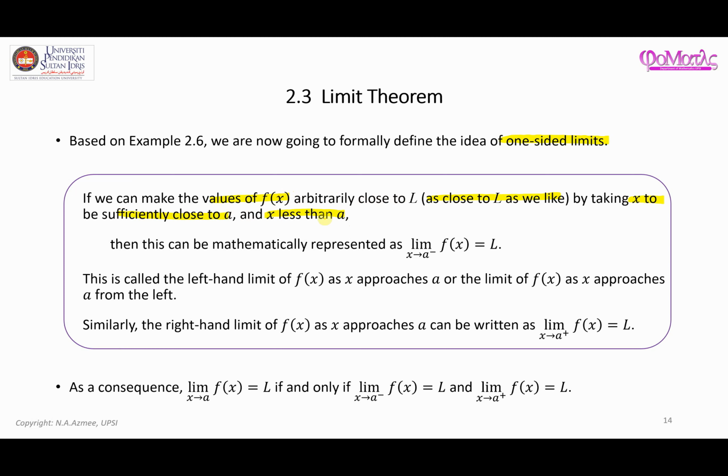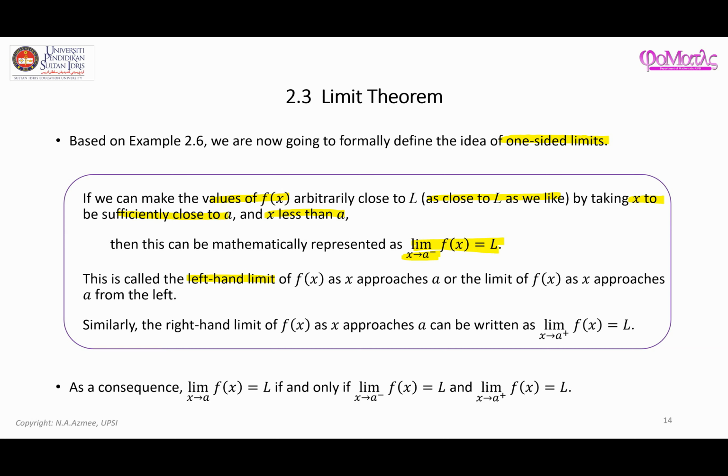Because of that, you can write this using a negative symbol at the top, which says that x approaches A from the left, and the limiting value of the function is equal to L. This is the definition of the left-hand limit.